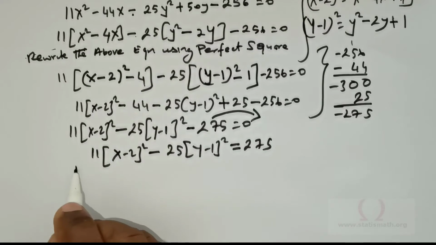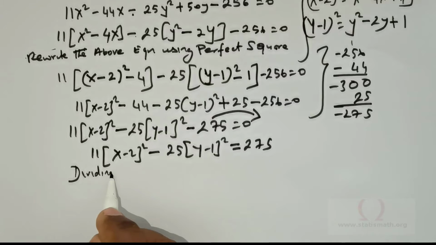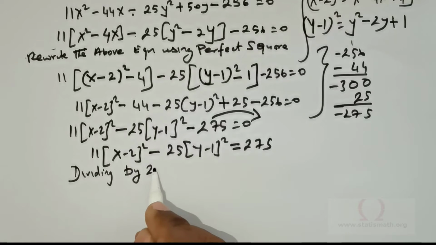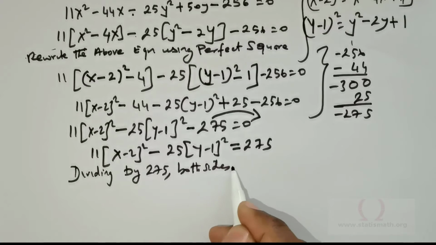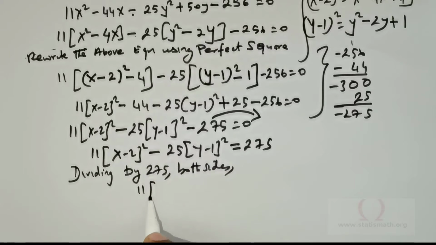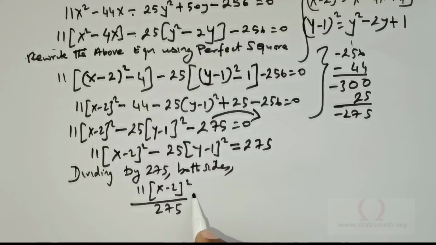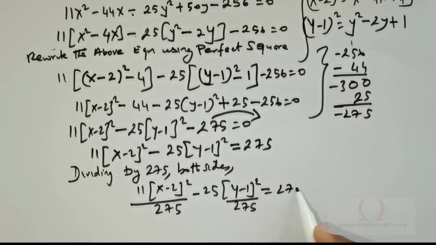Now I'm going to divide by 275 both sides. That would give me 11 times x negative 2 raised to the power 2 divided by 275 negative 25 times y negative 1 raised to the power 2 divided by 275 is equal to 275 divided by 275.